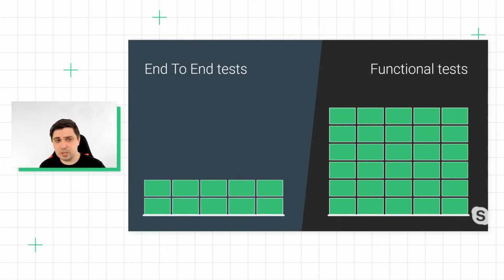In this combination, we will have few, maybe not few, but not so many end-to-end tests, which are pretty slow, and many functional tests, which are pretty fast. And in this way, we can achieve efficiency in our testing, and it will be pretty fast for UI tests. Of course, not as fast as unit tests, but still much faster with this combination.